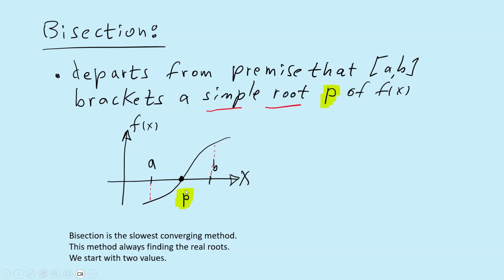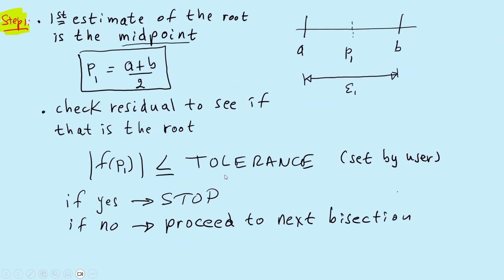Maybe one root or several roots of this function. And this interval brackets the roots. The first estimate of the root is the midpoint. We find the midpoint of this interval by a plus b over 2.